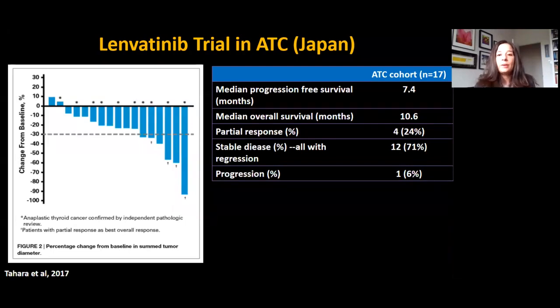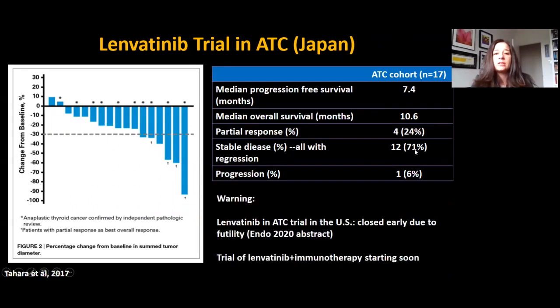And there was a study in Japan that looked very promising for lenvatinib. The response rate was 24%, which is not bad. 71% just had stable disease, but they all had some tumor shrinkage. And we opened a study in the United States to look at lenvatinib and anaplastic, and unfortunately, not very many patients responded.